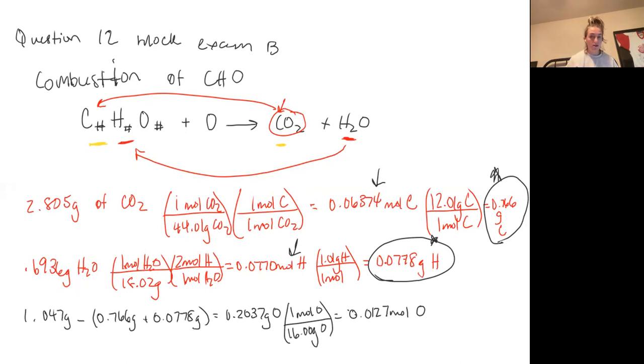Okay, what has the smallest number of moles between carbon, hydrogen, and oxygen? Good, oxygen has the smallest number of moles. So we're going to divide all of our moles by the smallest number of moles. I'm going to do that in this top corner over here.